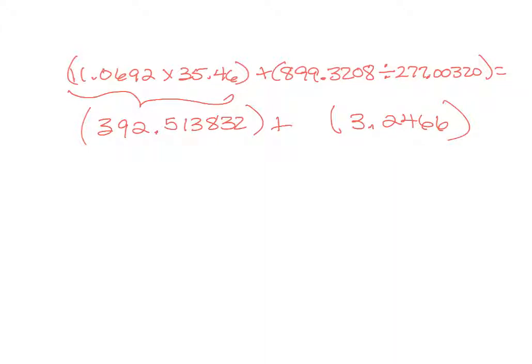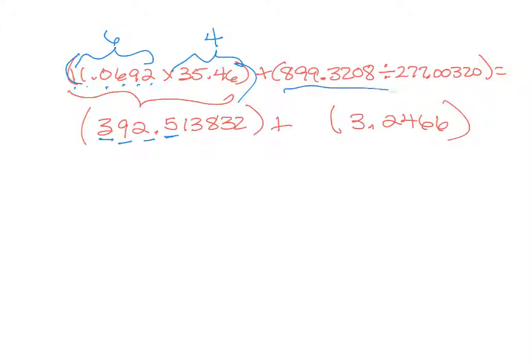All righty, so before we do the final calculation, let's keep track of how many sig figs everything has. This number has 6 sig figs, and this number has 4. So the answer to this in parentheses can only have 4 sig figs. Okay, that's just so we can keep track.